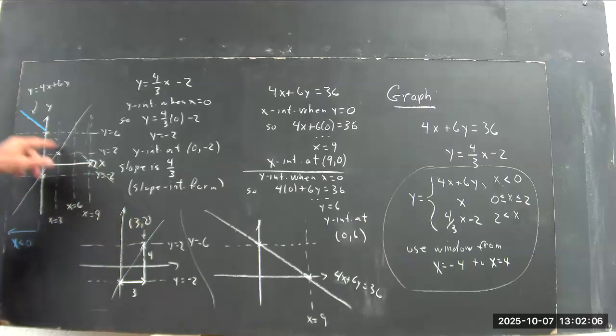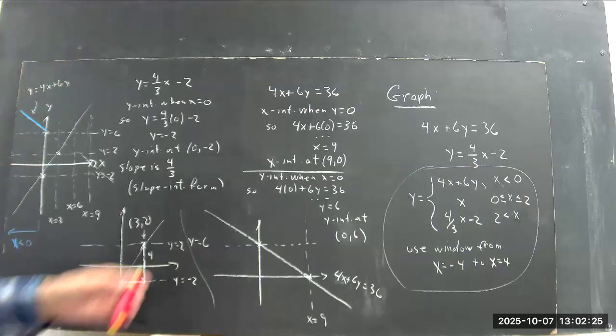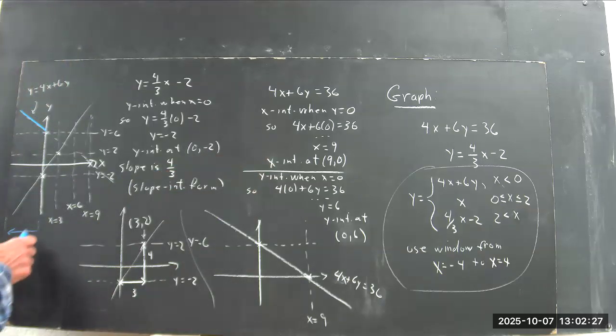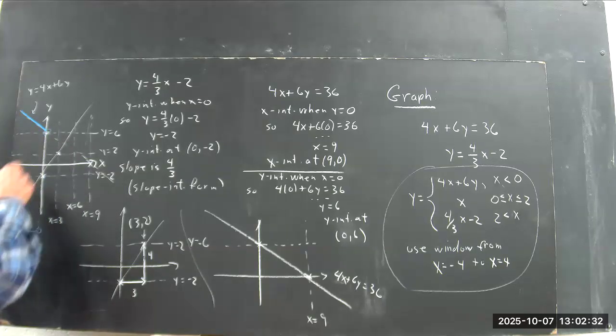This part isn't part of that function. I've sketched it here just so we know where the line is. Once we have these 2 points, we can draw the whole line, and then we darken the part that we want to use. Okay. Now, that's for x less than 0. X less than 0 means we put an open circle around that point.